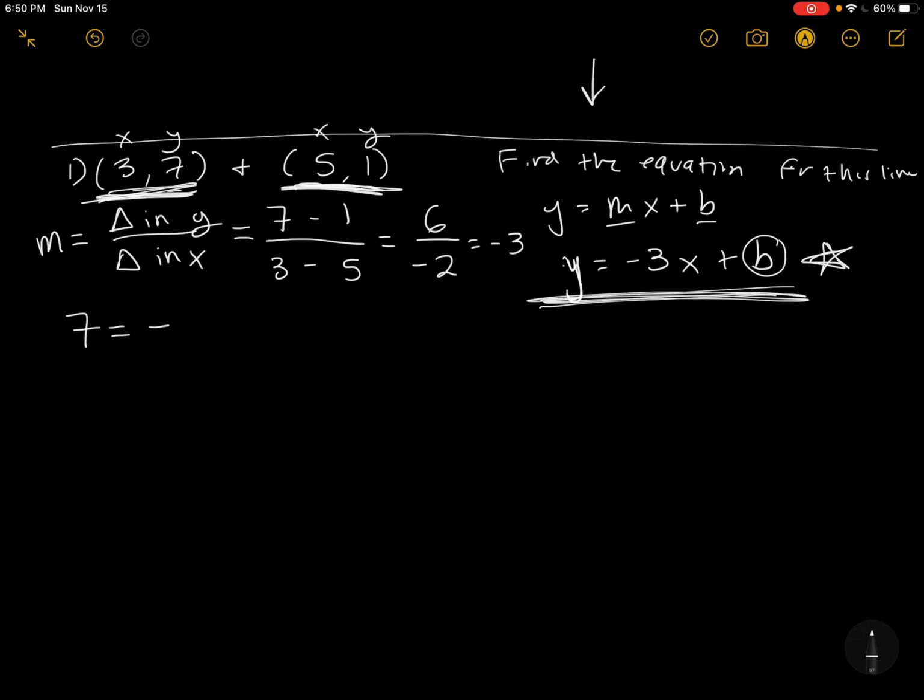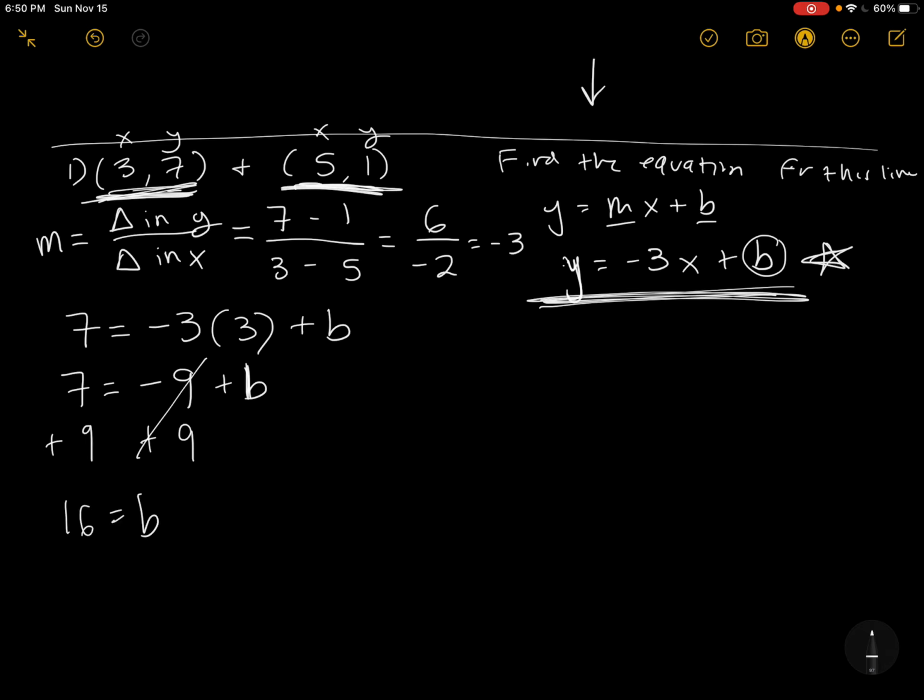So y is 7. I know the slope, I figured it out, it's negative 3. X is 3. And I need to solve for b. Okay, so then I'm trying to solve for b. 9 plus 7 is 16. So b equals 16.